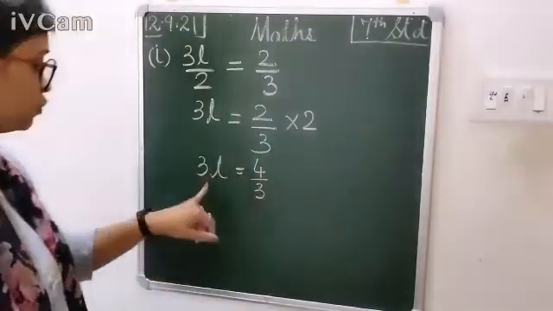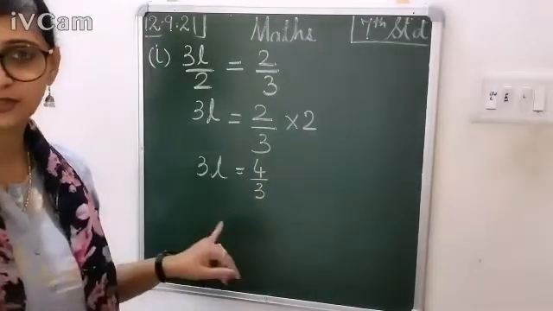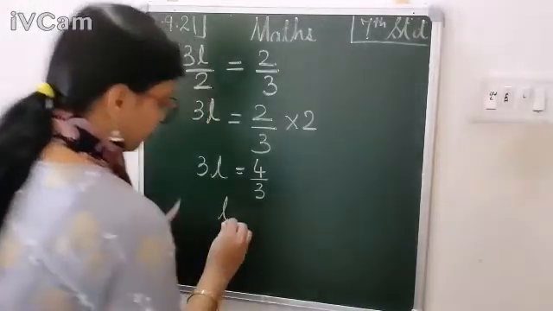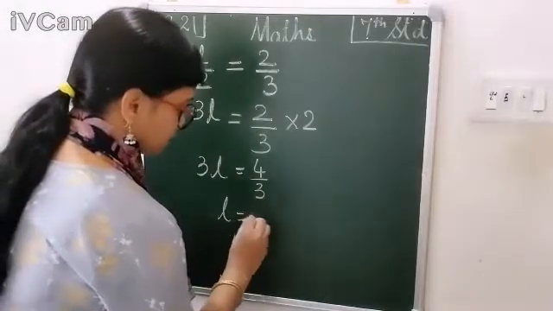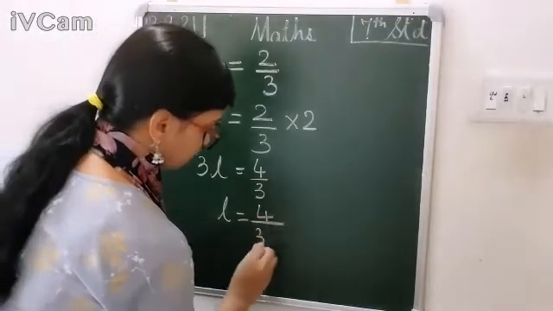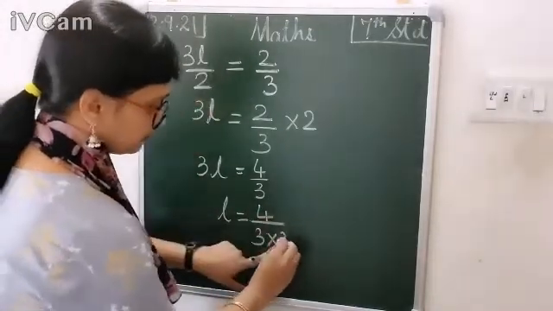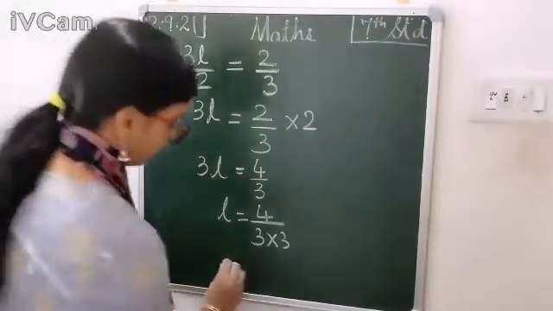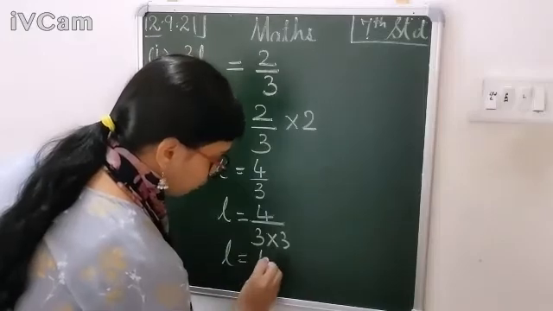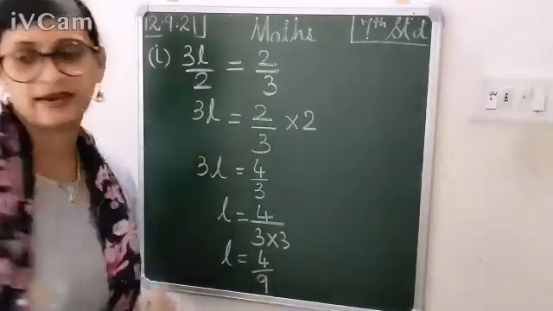Now we need to separate l. You have a multiplication sign, which means this 3 will come to the denominator, so it is equal to 4 divided by 3 into 3. So the value of L is equal to 4 divided by 9.